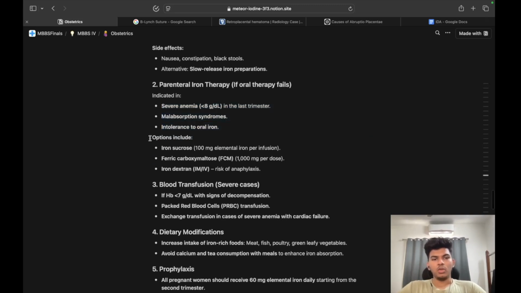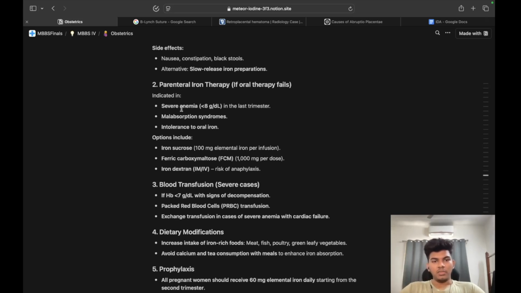Options include iron sucrose, ferric carboxymaltose, and iron dextran. So these things we know, right? In malabsorption, the iron doesn't get absorbed properly. In severe anemia, we need to raise the iron levels very fast.